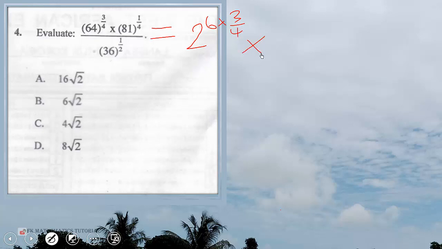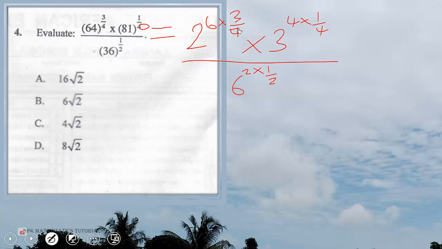Then we have, okay, let me use 3 because of the 4 here. So 3 exponent 4 times 1 over 4, because 3 exponent 4 will give me 81. 2 exponent 6 will give me 64, over 6 exponent 2, which also gives me 36.